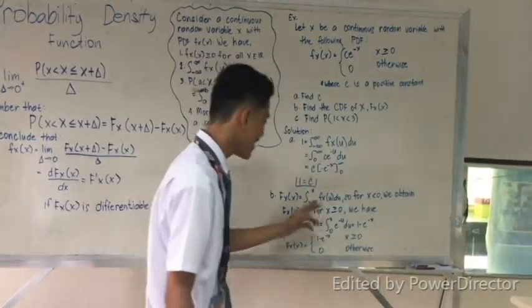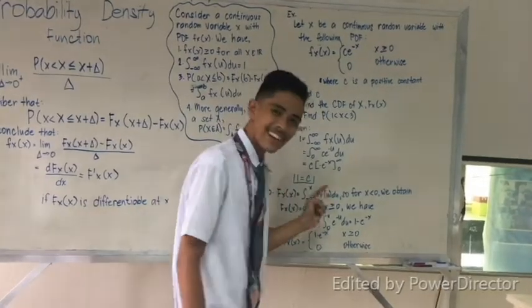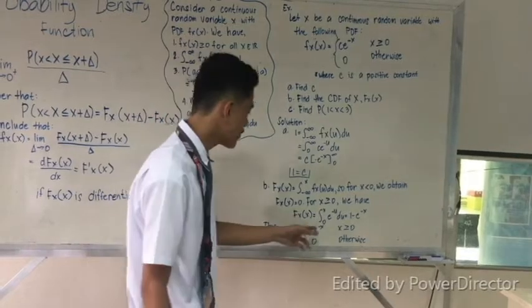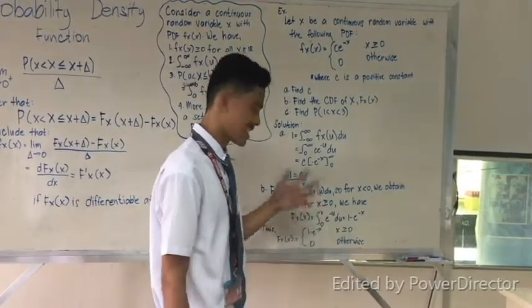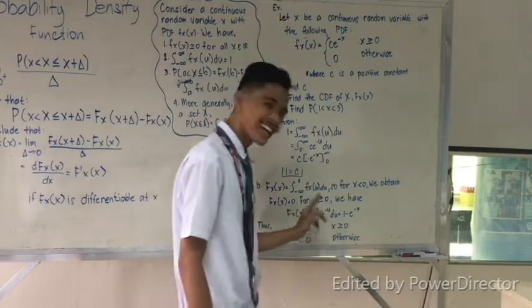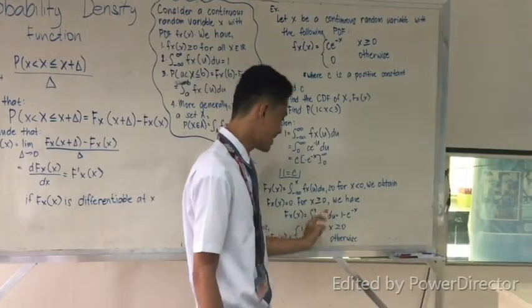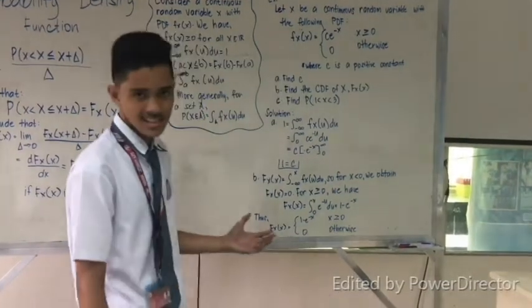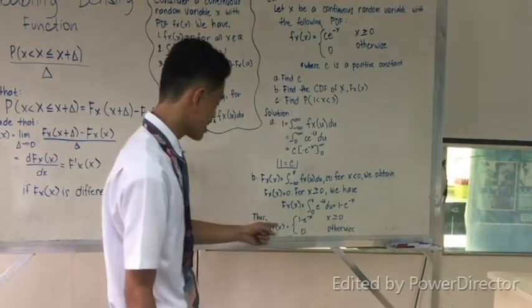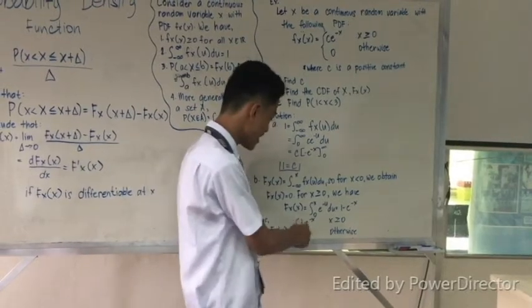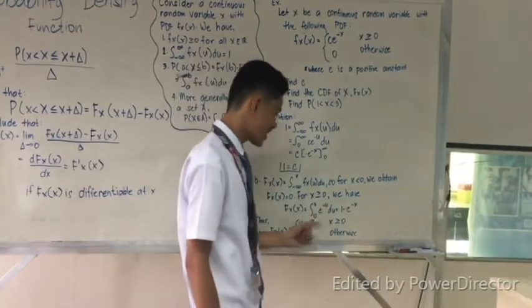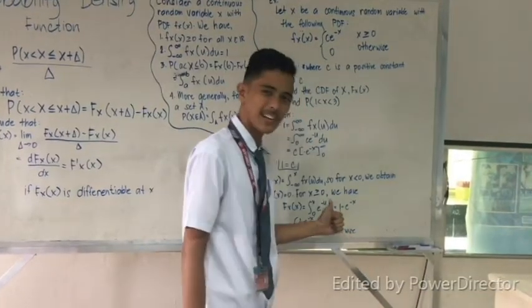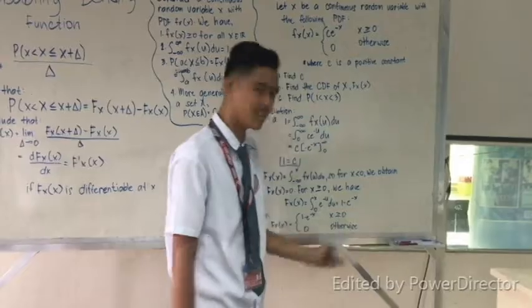For x greater than or equal to 0, we have F(x) equal to the integral from 0 to x of e raised to negative u du, which equals 1 minus e raised to negative x. Thus, F(x) is equal to 1 minus e raised to negative x for x greater than or equal to 0, and 0 otherwise.